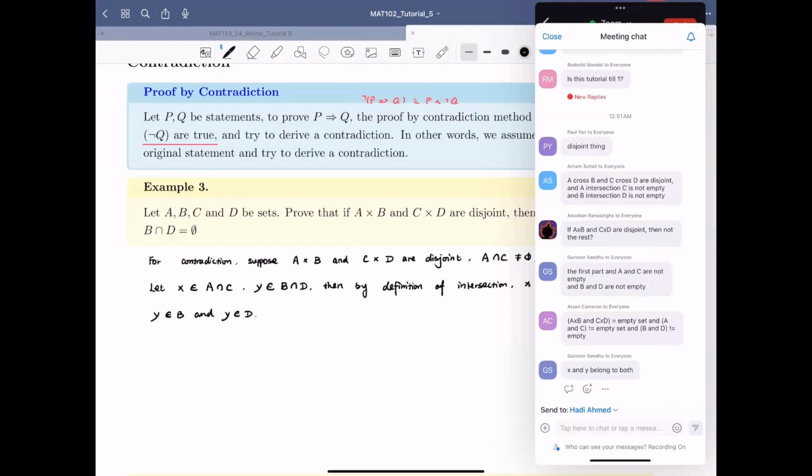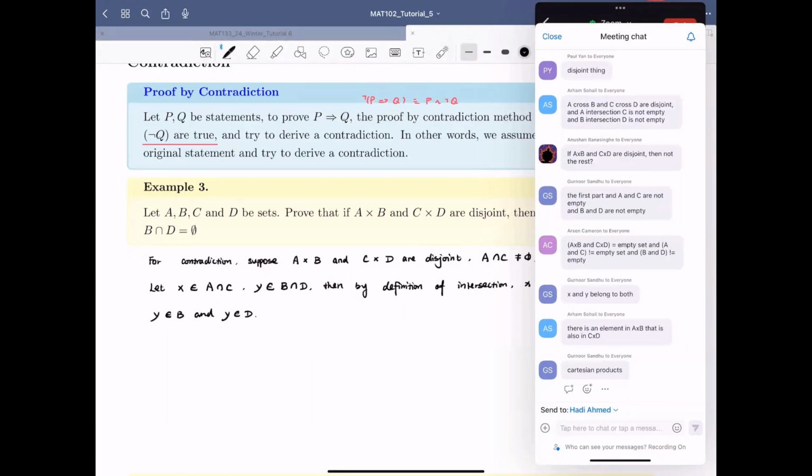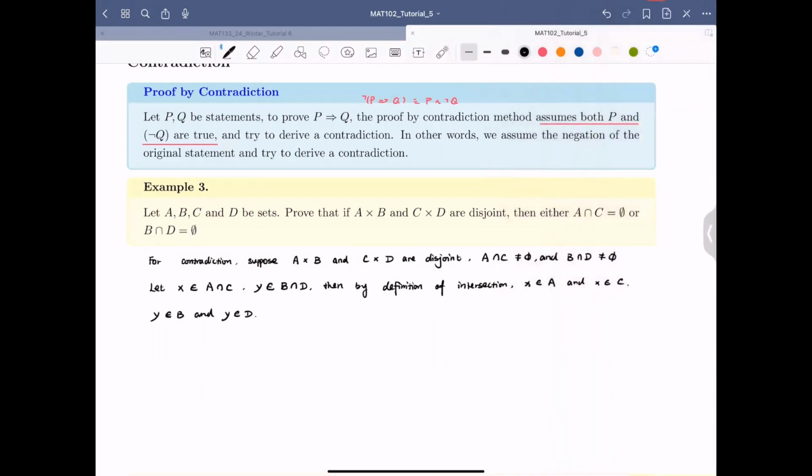We're almost there. X and Y belong to both. That is correct. There is an element that is in the Cartesian product. Alright, so we need to write it down.